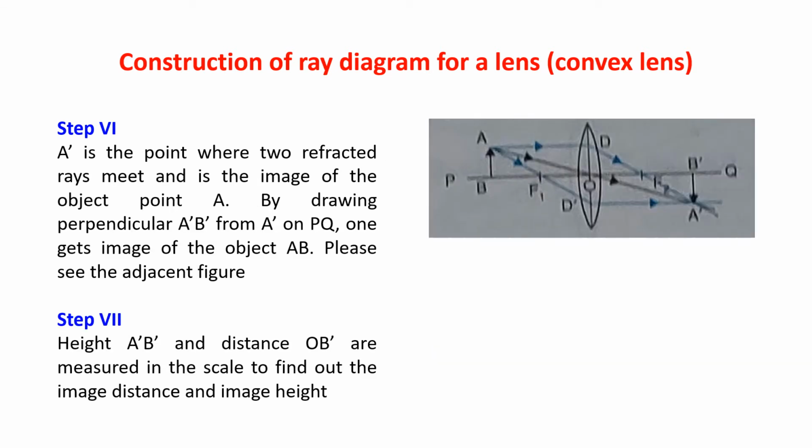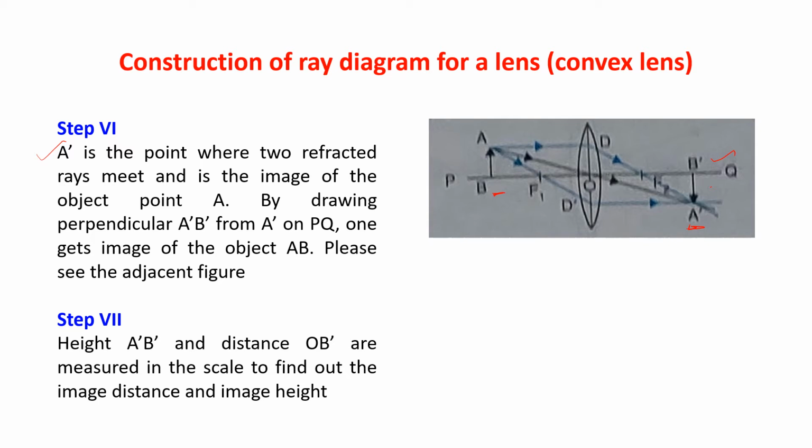Now step 6. A dash is the point where 2 refracted rays meet and is the image of the object A. Now by drawing the perpendicular A dash B dash from A dash on PQ, one gets the image of the object AB.